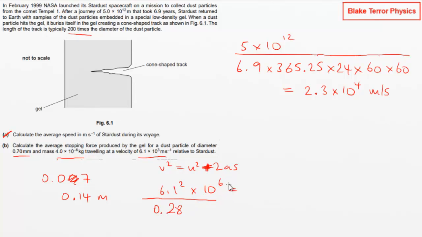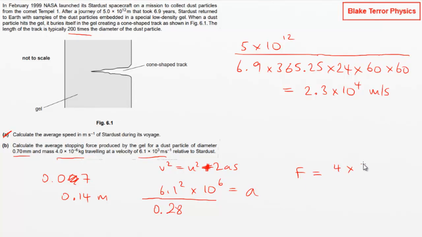And if we multiply the acceleration by the mass, then we're going to get the force. So the force is going to be that times 4 times 10 to the minus 6. So the 10 to the 6's are going to disappear.